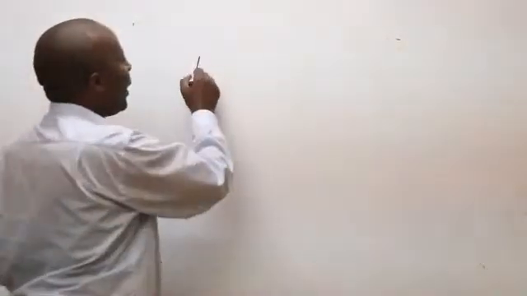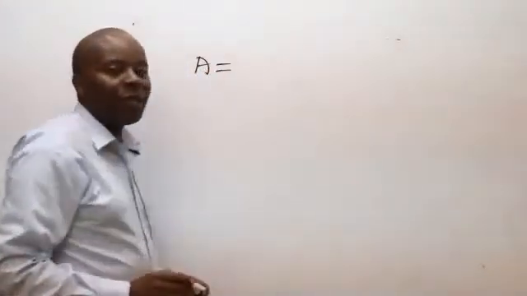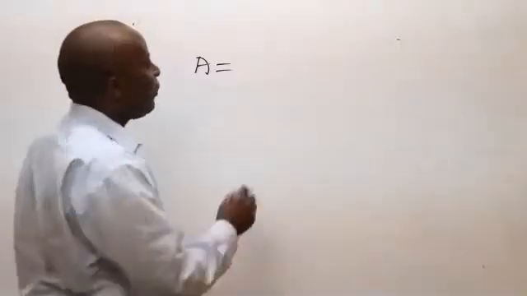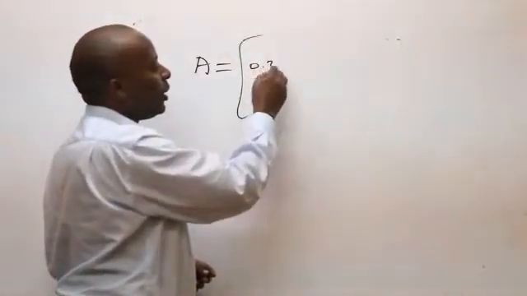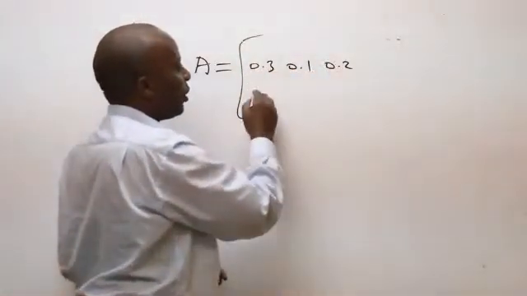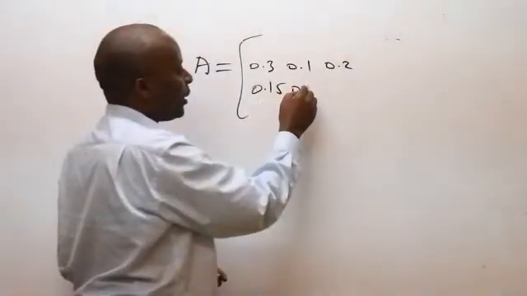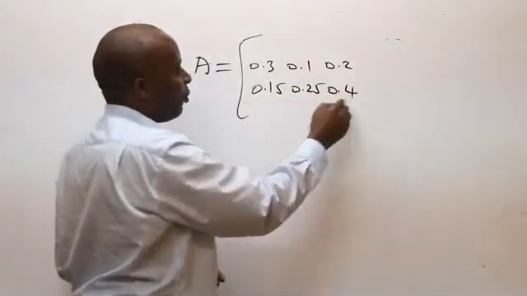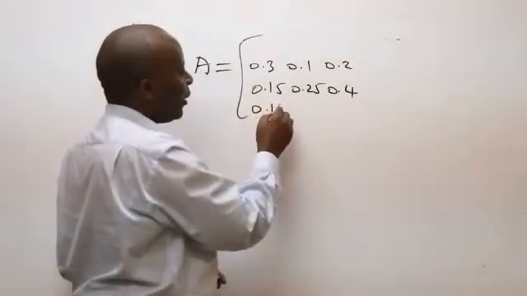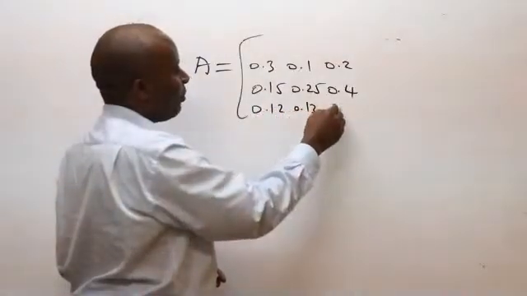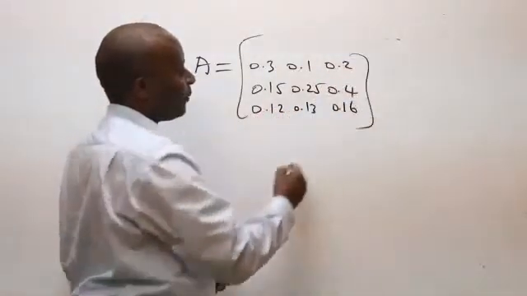If I was to be given a chance to set this exam of yours of August 30th, I'll come and give you a three sector thing. I'll give you A of 0.3, 0.1, maybe 0.2, 0.15, maybe 0.25, maybe 0.4, and so on.